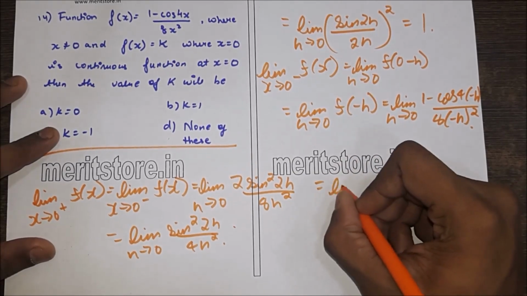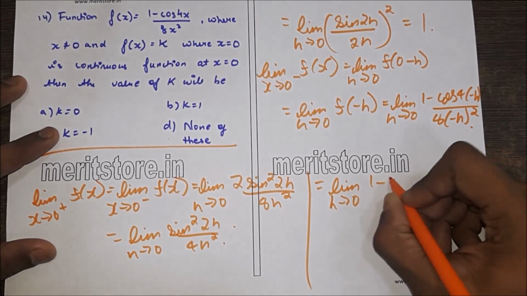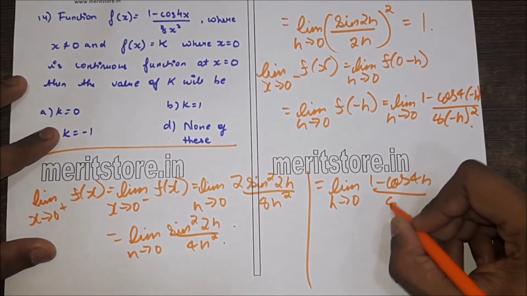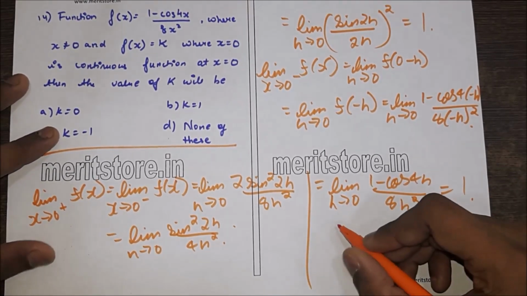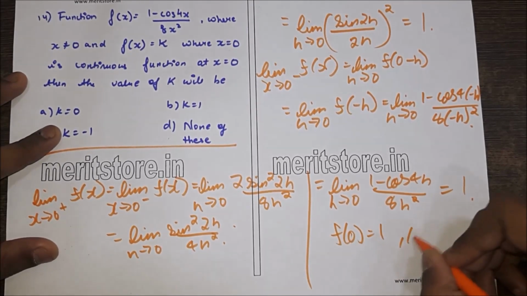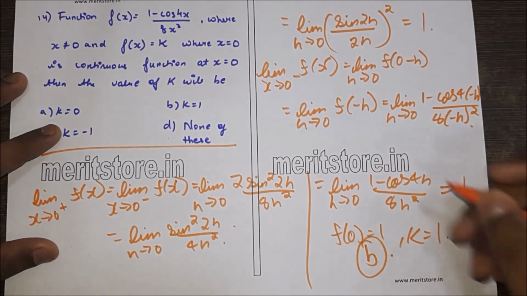That gives us limit of h tends to 0 1 minus cos 4h upon 8h square is equal to 1. So therefore we can say if f of 0 is equal to 1, k is also equal to 1, which is option B.